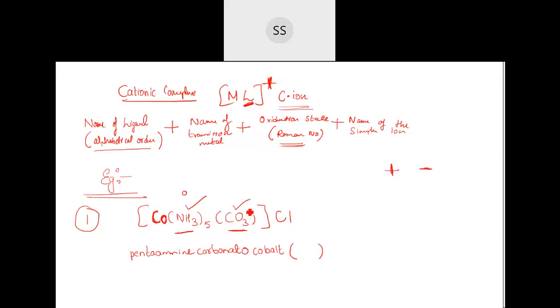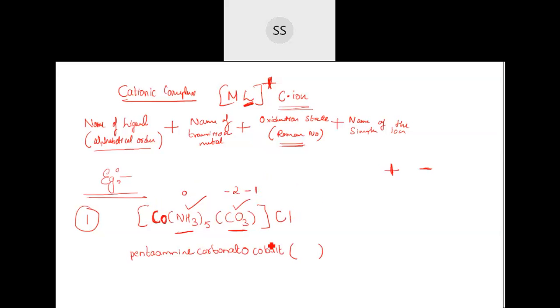Now you have to find the oxidation state, which you write in Roman numerals inside the bracket. Ammonia doesn't have any charge, it's a neutral molecule, so the charge on them will be 0. Carbonate charge is -2, and chloride is also present, which is -1.